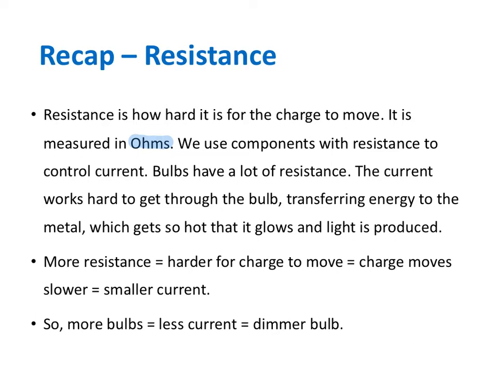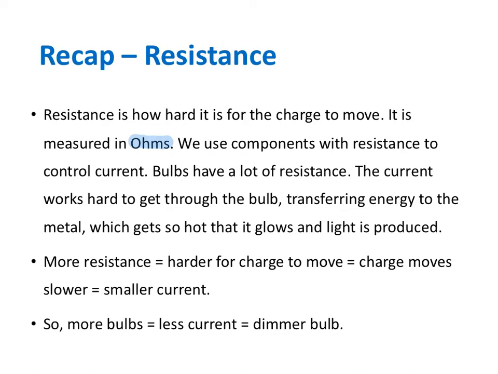And that just gets hotter and hotter because more energy is being transferred. And if you think about metals, if you heat them up enough, they start to glow. And that is exactly what's happening really in our bulb. It gets so hot, it glows so much that light is produced. That's an energy transfer, so there's an energy transfer out to the surroundings.